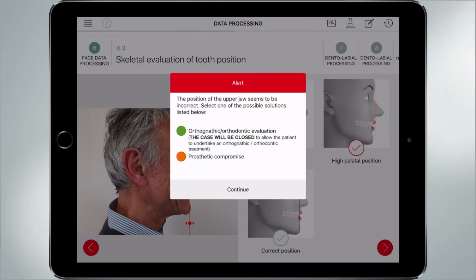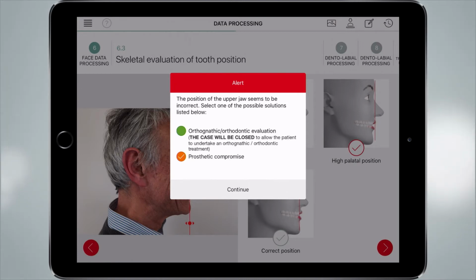We go ahead again, and again, it's written here, you can go ahead with the prosthetic compromise, or you should maybe have an advancement of the maxilla or the mandible, but again, that will be sent to the orthodontic surgeon, and if you push green, the app will close, it will be finished like that. But you push prosthetic compromise because you want to treat the patient anyway.